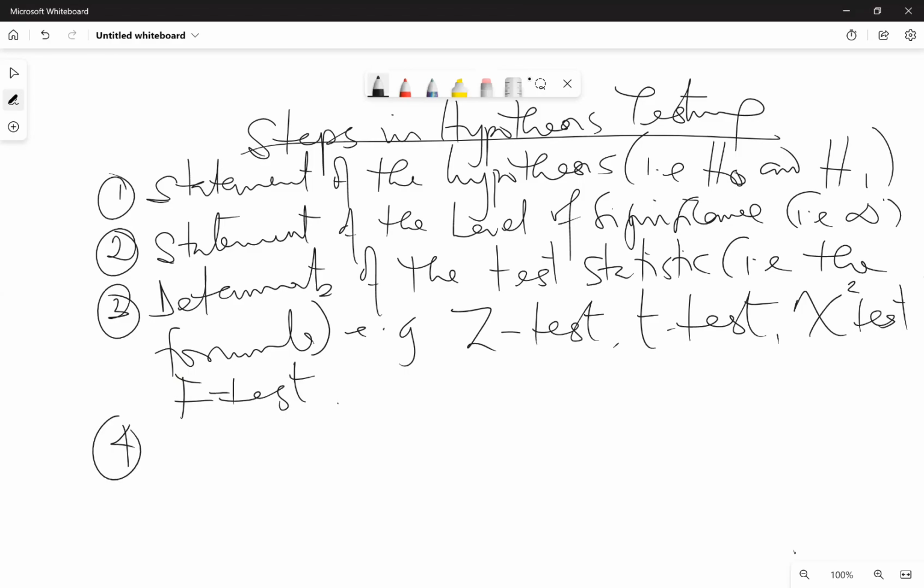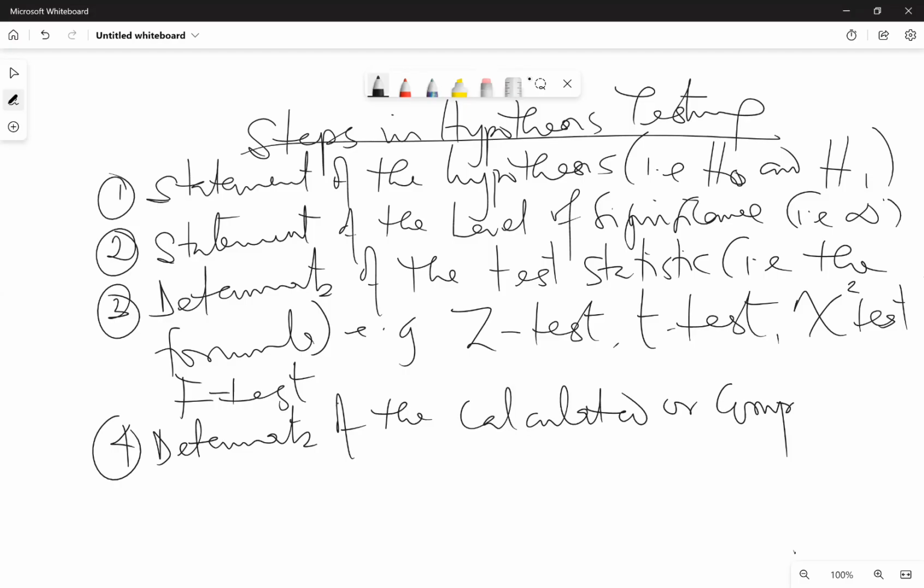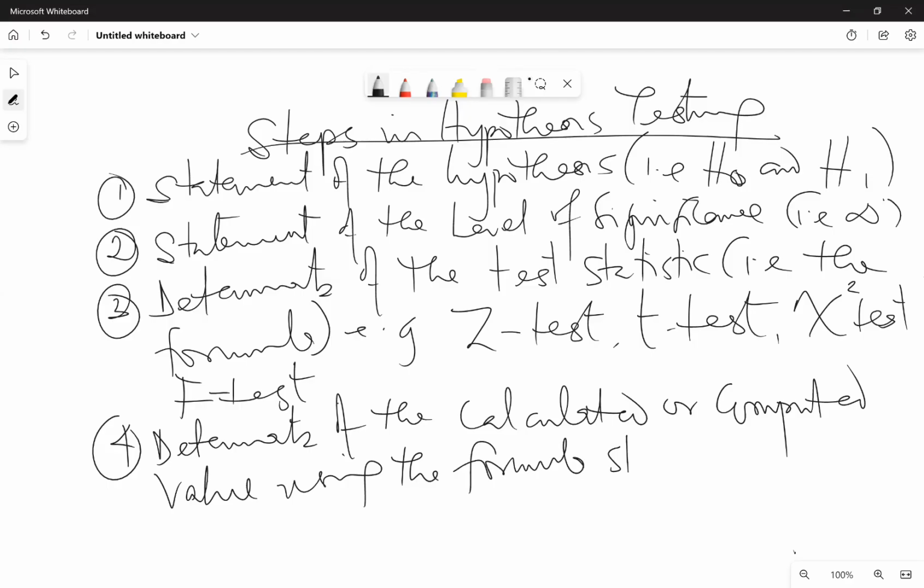Number 4, determination of the calculated or computed value using the formula stated in step 3.